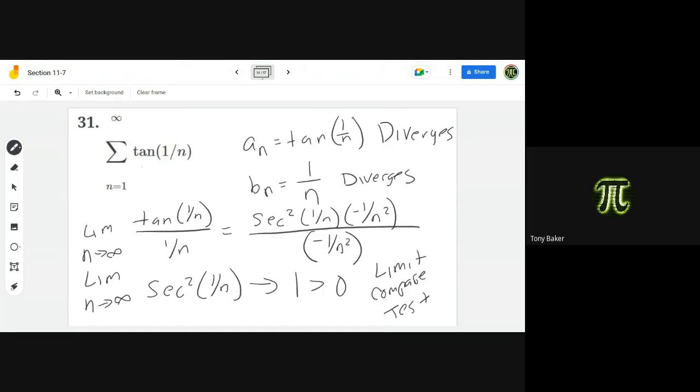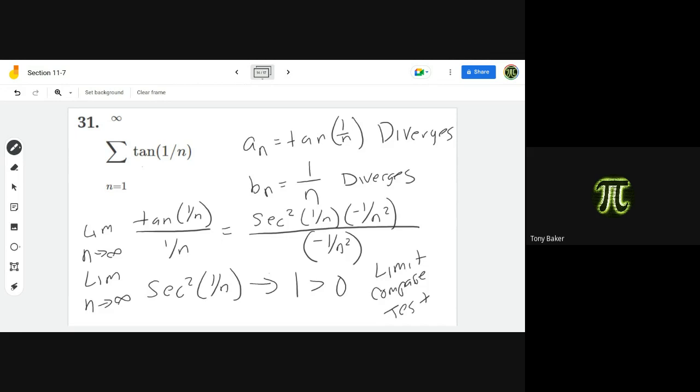If for some reason you chose the wrong thing for b sub n here, the reason 1 over n works really well for this one is because when you do L'Hopital's rule, it cancels itself out. Let's say you try to compare it to 1 over n squared. The limit test will fail. You'll get something that doesn't work, or something that goes to infinity, or something that's less than 0.